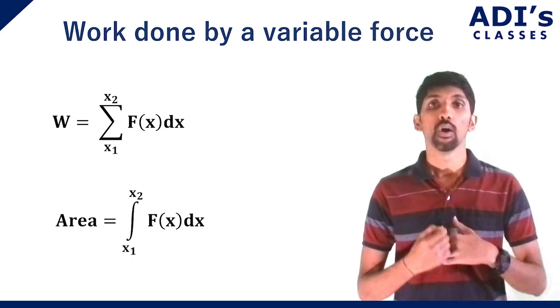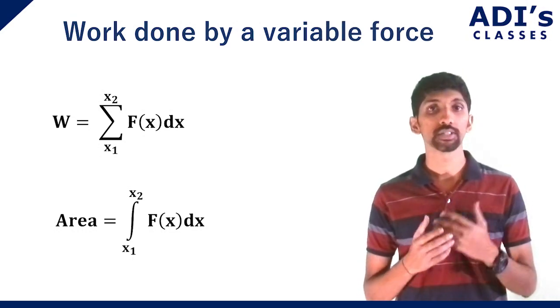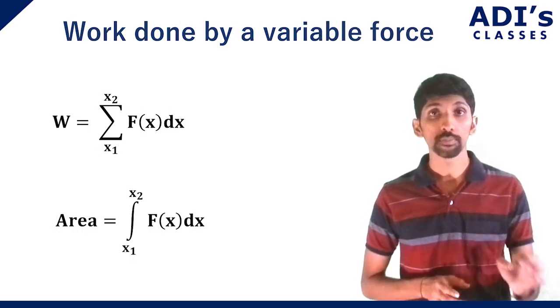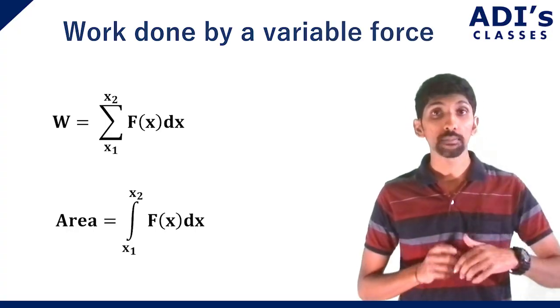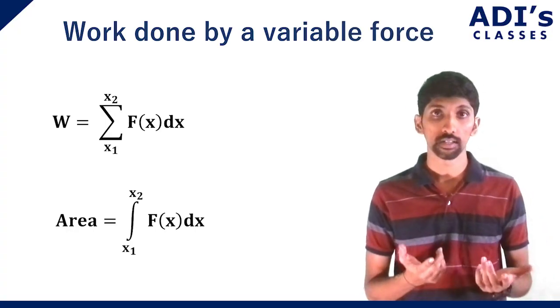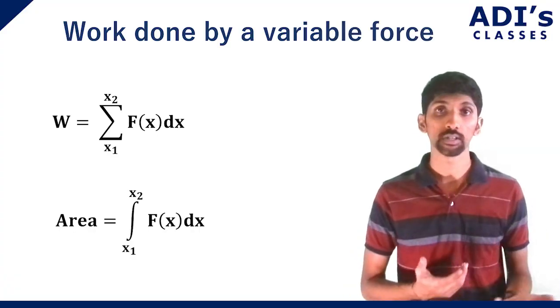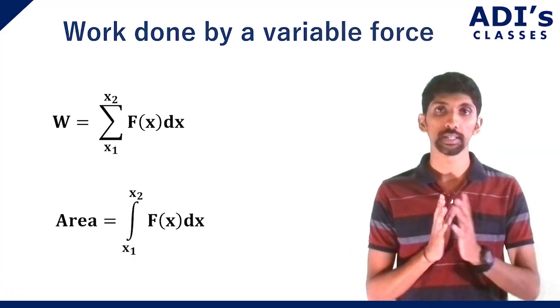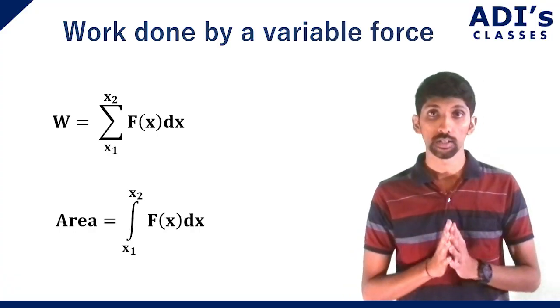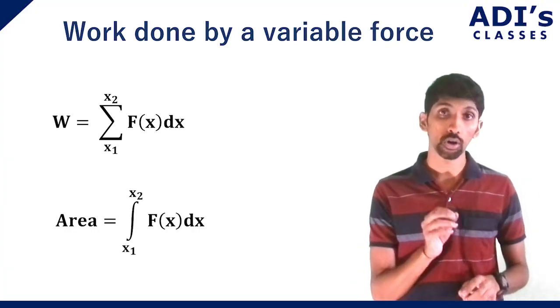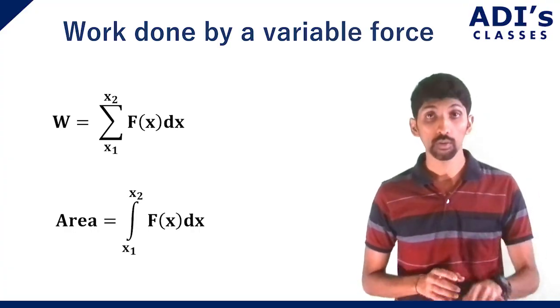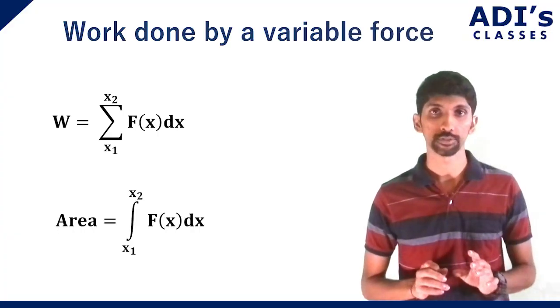Now, why is this much information needed? Because what you will be learning now is, whatever variable force is acting on an object, what is the work done by that? Remember, the first derivation you did was for a constant force, right? Now what you are doing is for a variable force.